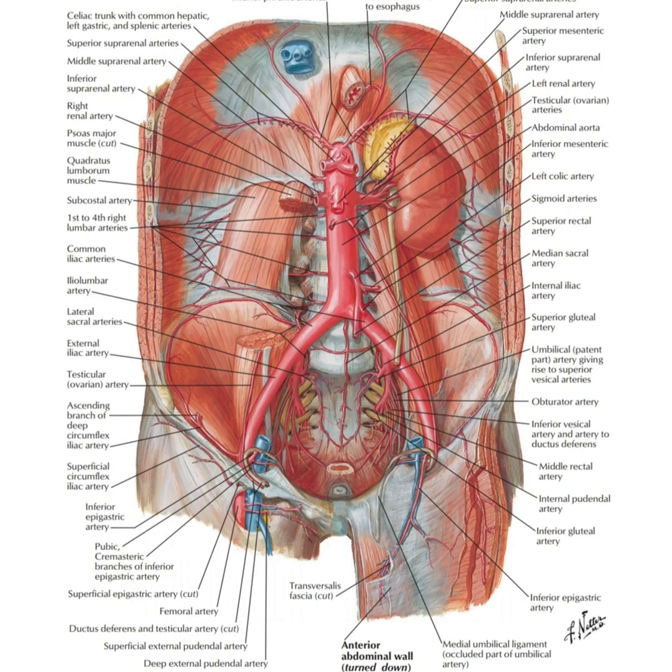The celiac trunk supplies mainly parts arising from the foregut, that is, from the lower portion of the esophagus to the major duodenal papilla of the second part of the duodenum.